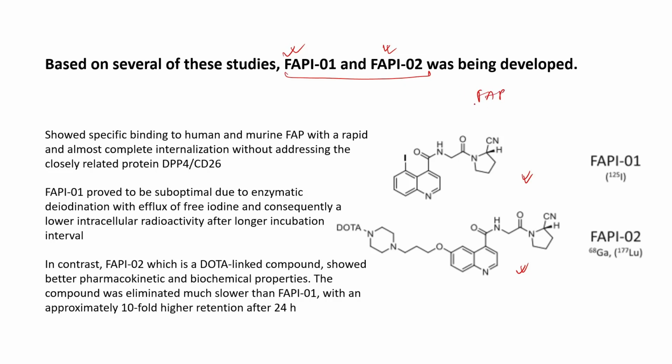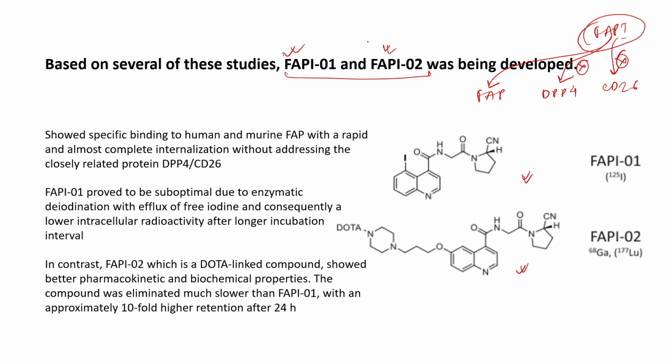Apart from FAP, there are some similar enzymes, for example DPP4 and CD26, but these FAPI molecules were so specific that they bound to the FAP enzyme as a whole. They do not show any binding to related proteins like DPP4 and CD26. So these small molecule FAPI inhibitors are really specific to the FAP enzyme.